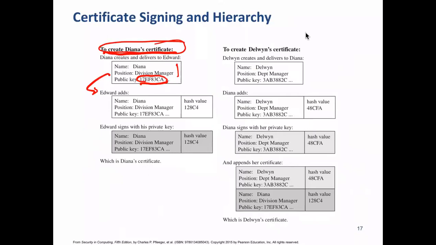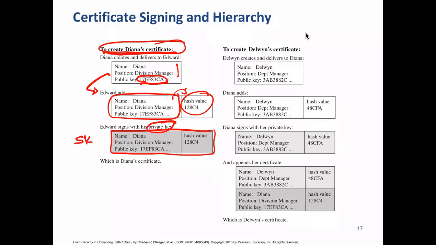So Edward will look at all this, verify all the details, and once everything is okay, compute the hash value of this. And then Edward will encrypt it with his own private key, that is SK of Edward.